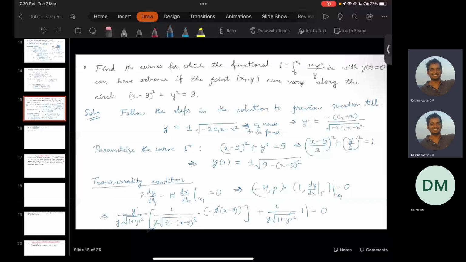I hope you are able to follow along. So it's just equal to 1. Again, wherever x appears, we'll just substitute x1. It's as simple as that.